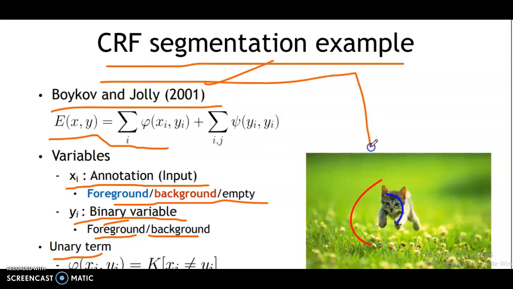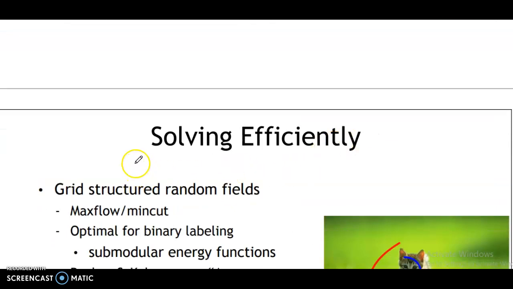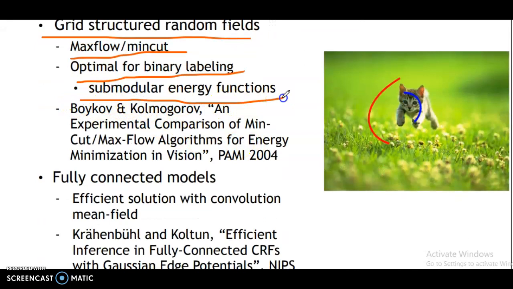CRF segmentation example. Solving efficiently: grid structured random fields. Max flow, min cut, optimal for binary labeling with submodular energy functions. Boykov and Kolmogorov, an experimental comparison of min-cut max-flow algorithms for energy minimization in vision, PAMI 2004.